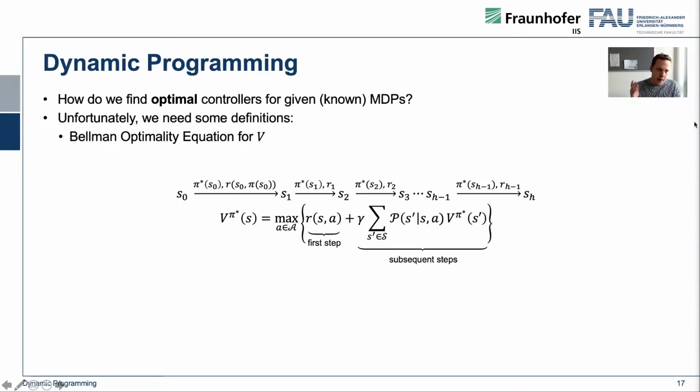But if we want an optimal policy, it turns out the equation looks a little bit different. If you want to define the Bellman equation for an optimal policy pi and an optimal value function V, the value of a state S for an optimal policy pi star, we will call optimal policies pi star and optimal value functions V star.